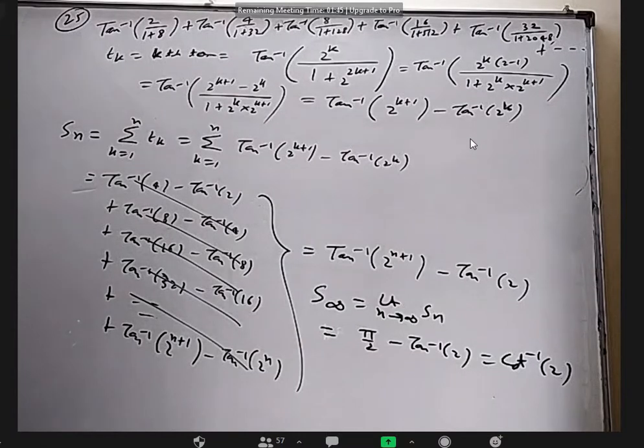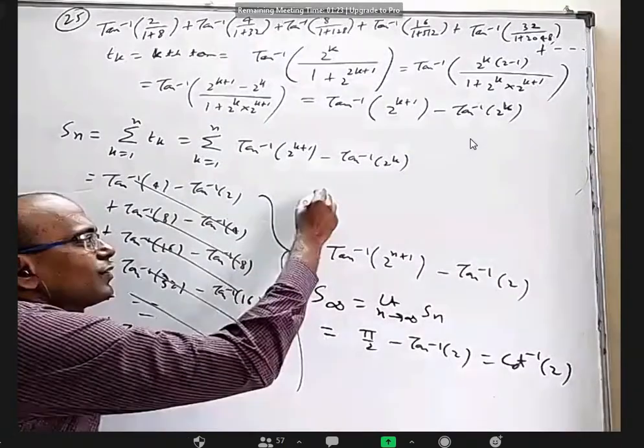Sir, I have done 25th one as cot inverse (4 into 2 plus 1) by (4 minus 2). Like that I have done, sir, but I am getting minus cot inverse 2. No, no, no. You are getting cot inverse 2 minus 0, which is cot inverse 2. Why? You have to be a little careful with that formula.